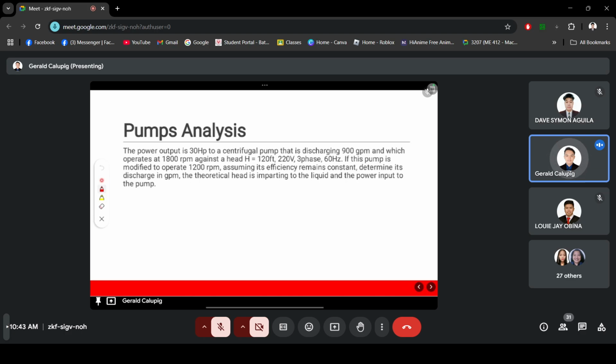If this pump is modified to operate at 1,200 RPM, assuming its efficiency remains constant, determine its discharge in GPM, the theoretical head imparted to the liquid, and the power input to the pump. So please try to solve this po using our table.